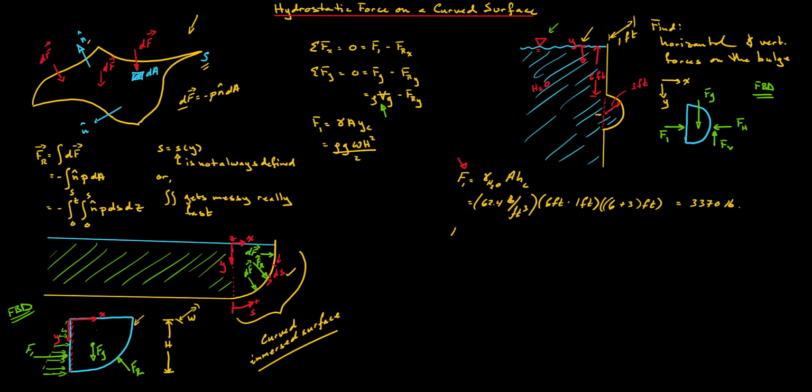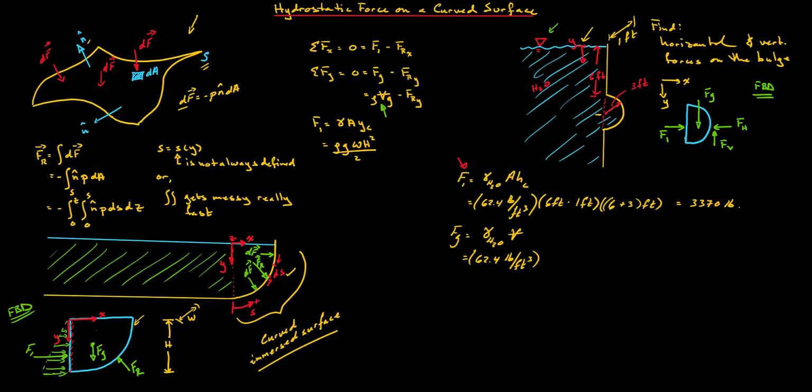The weight of the fluid, Fg, is simply the specific weight multiplied by the volume. So again, we have the specific weight of 62.4 pounds per cubic foot multiplied by the volume. So here we have a half circle.